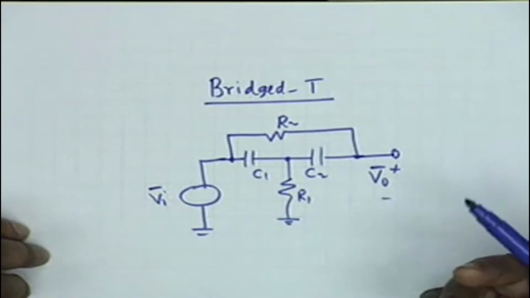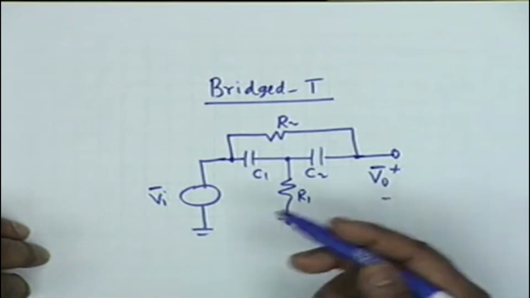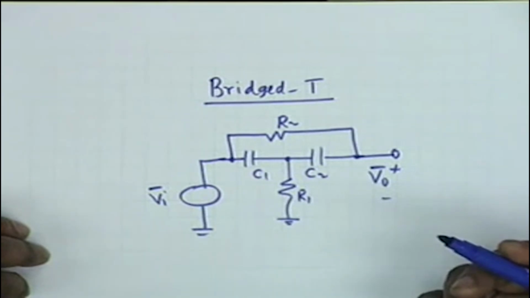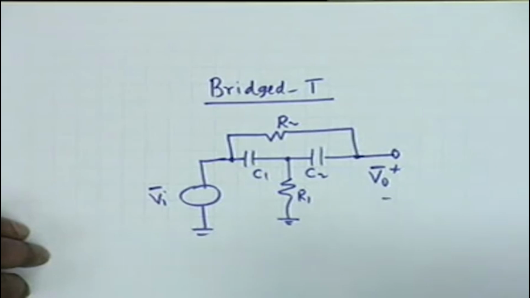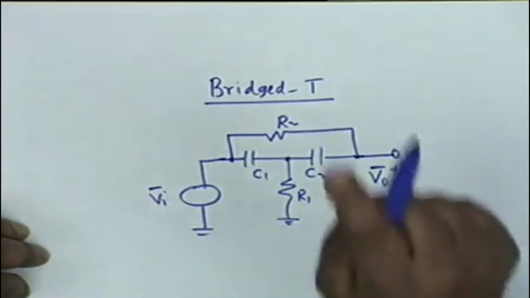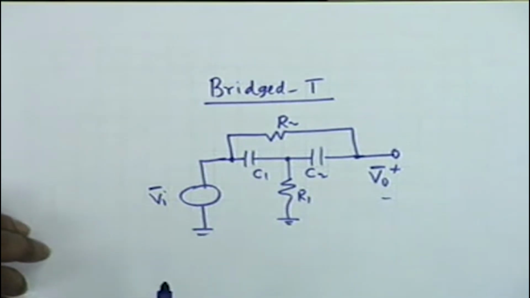Finally, you replace S by jω. It will give the same result. It is more convenient to work in terms of S because you don't have to handle the quantity j. Wherever there is a multiplication of j by j, a negative sign comes up. If you miss that negative sign, then you are done with. So, it is better to work in terms of S.